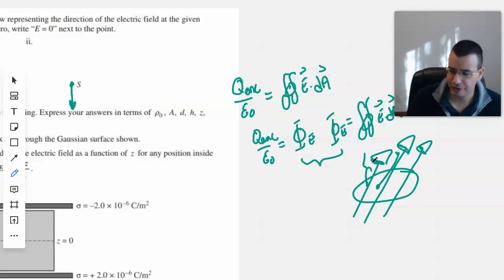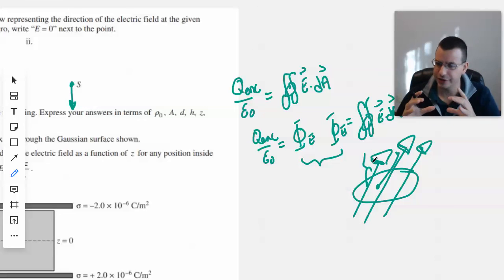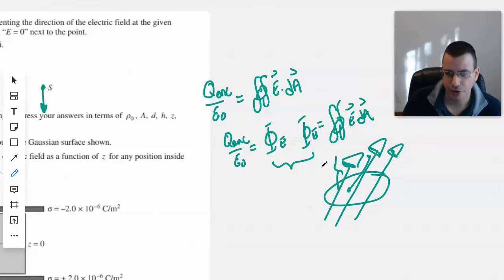So it's the amount of flow through a surface, which is pretty much the same as E dot dA.